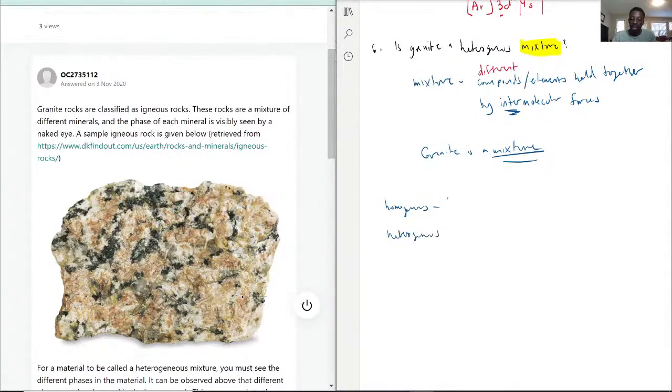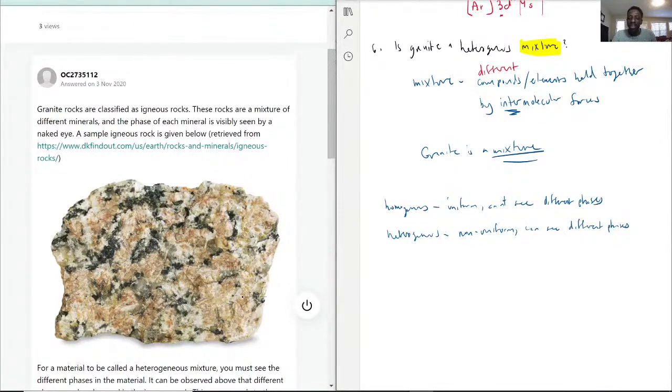Homogeneous is uniform and you can't see different phases, and heterogeneous is non-uniform, and you can see different phases.